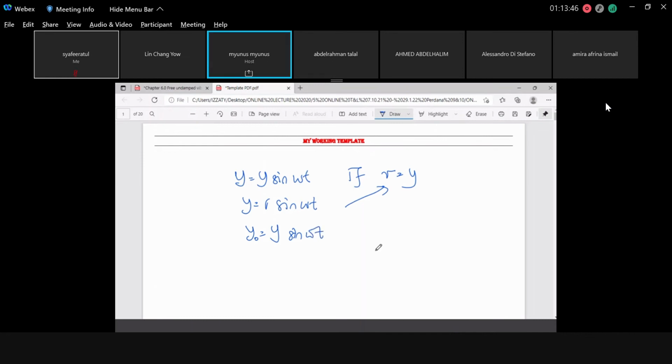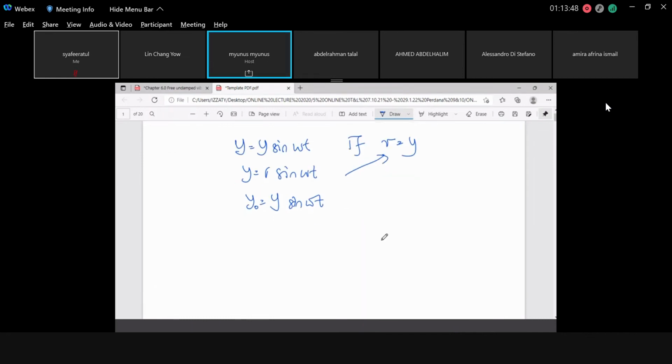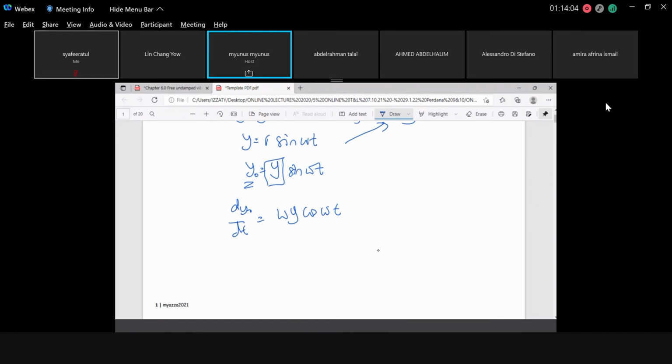Okay, so differentiate. This is the equation, and this one is the amplitude. When you have dy naught by dt, you have omega Y cos omega t, correct? Or in other words, you can also put it as y dot.